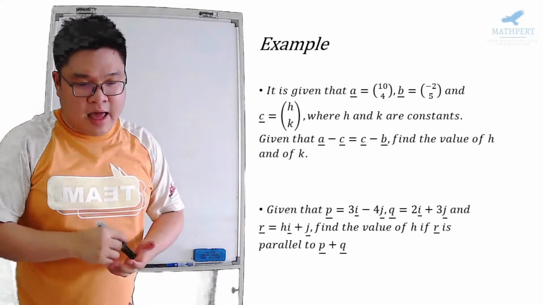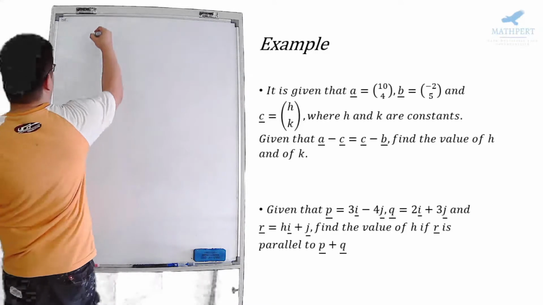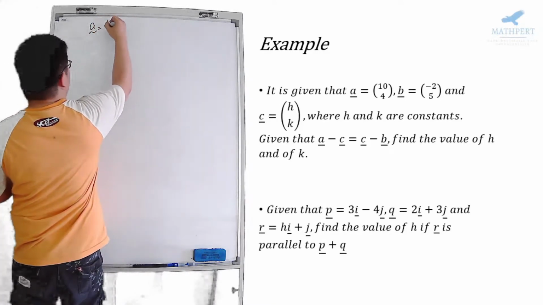It is given that A is equal to 10i plus 4j.